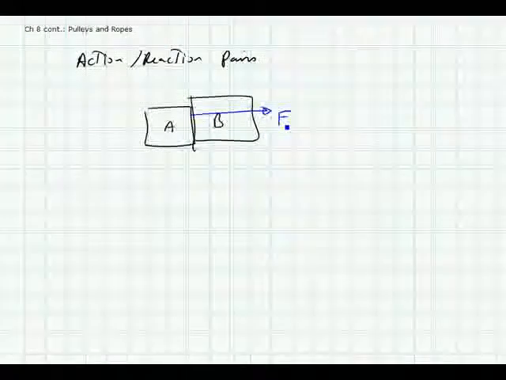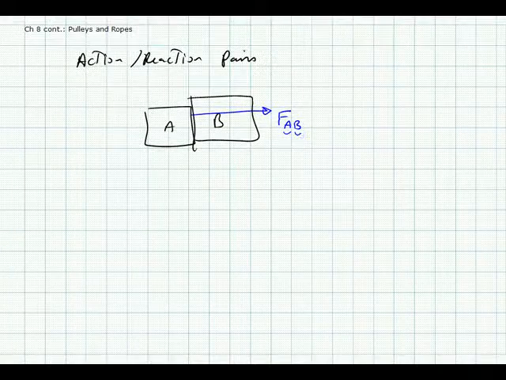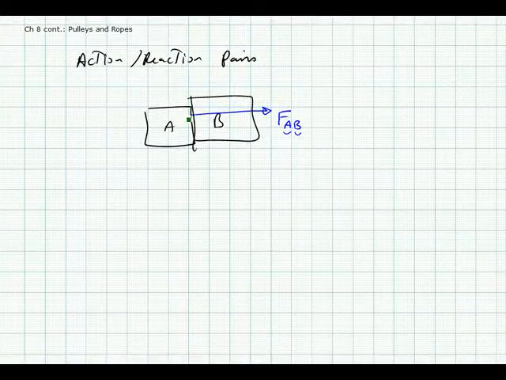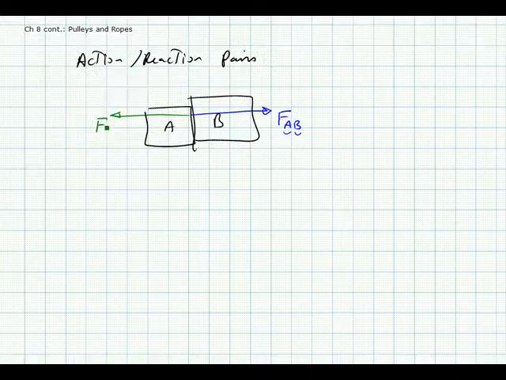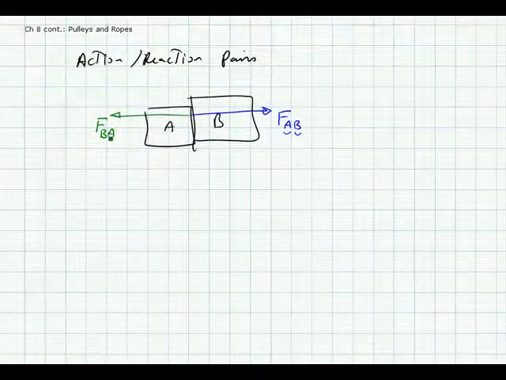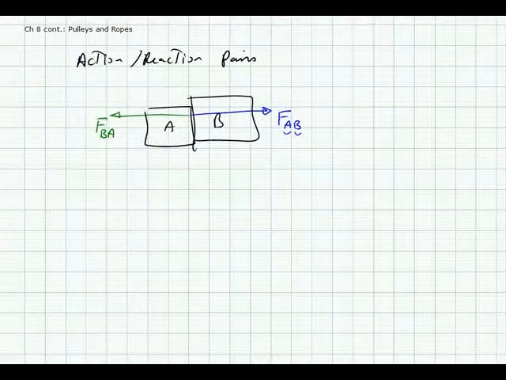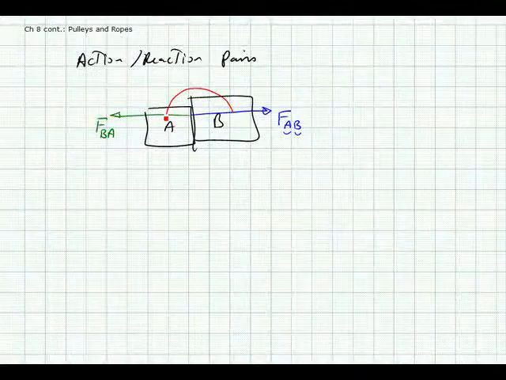We name that F_AB. The first subscript refers to the agent, the second subscript to the object. Newton's third law states that there must also be a force of B on A, which is equal in magnitude to F_AB but opposite in direction, and these two forces form action-reaction pairs.